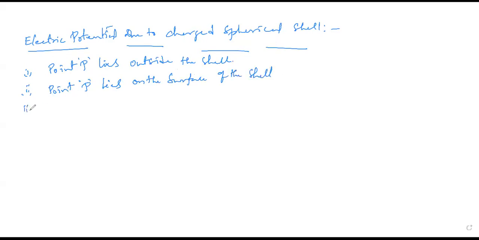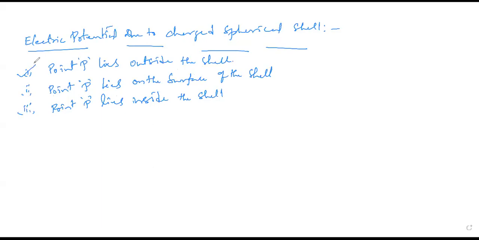And the third one is when point P lies inside the charged shell. These are the 3 different ways in which we are going to calculate the electric potential due to a charged spherical shell.